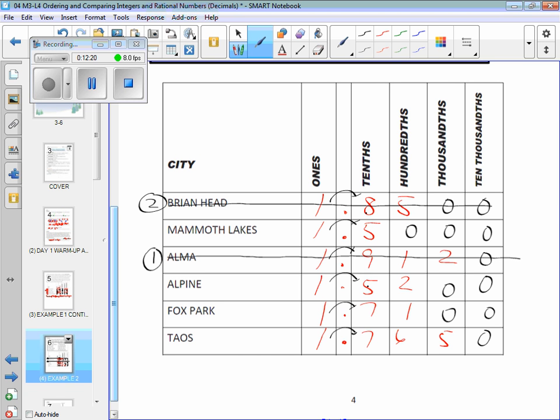I have a 2-way tie for third, so what do I need to do? I got to go to the next number to the right. What's higher, 6 or 1? And the good thing is once I know that that's 3, what becomes an automatic 4? Taos or Fox Park. Cross them both out. So long to the tacos.